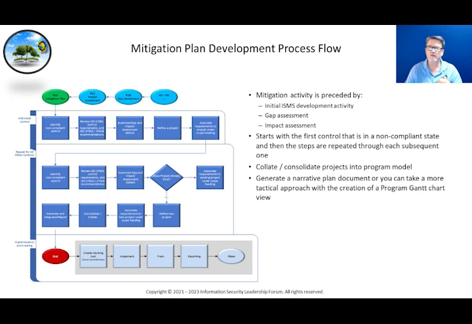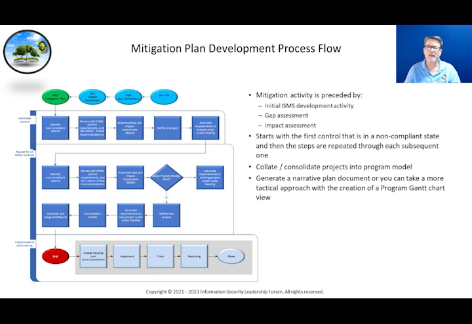It's important to note that the mitigation activity is preceded by initial ISMS development activity, gap assessment, and impact assessment, and starts with the first control that is in a non-compliant state, and then the steps are repeated through each subsequent step, and then we collate and consolidate projects into a program plan, and then generate a narrative plan document.